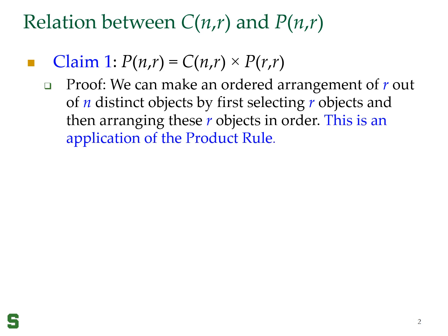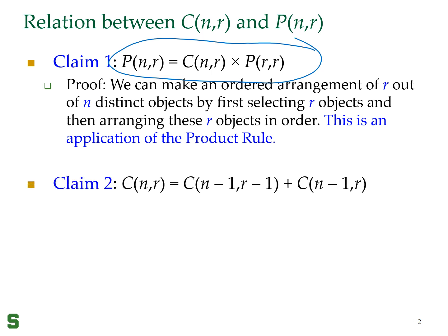This is exactly what I have in the text on the slide as well. We first select r objects out of the n objects and then arrange them in some order. By the product rule, we have P(n,r) is C(n,r) times P(r,r).